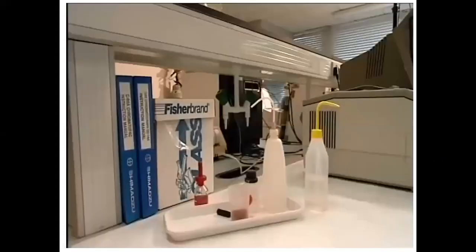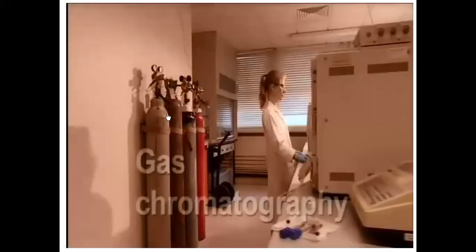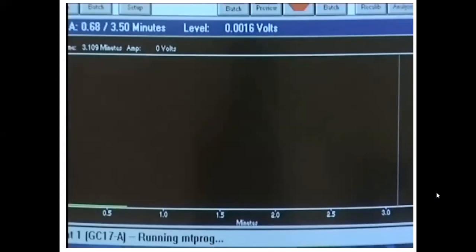At the end, you are going to get the chromatograms. So what type of solutes are present in the mixture?